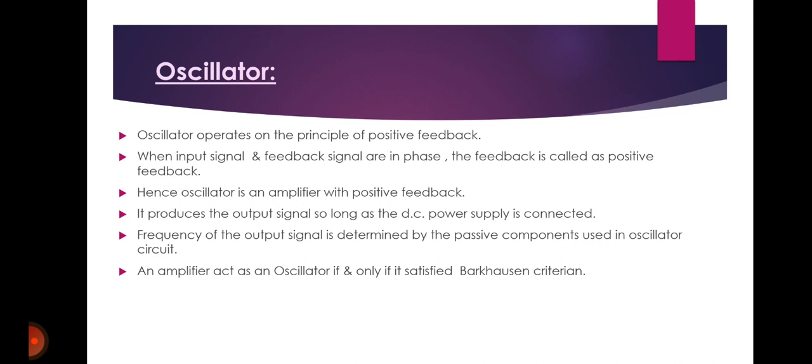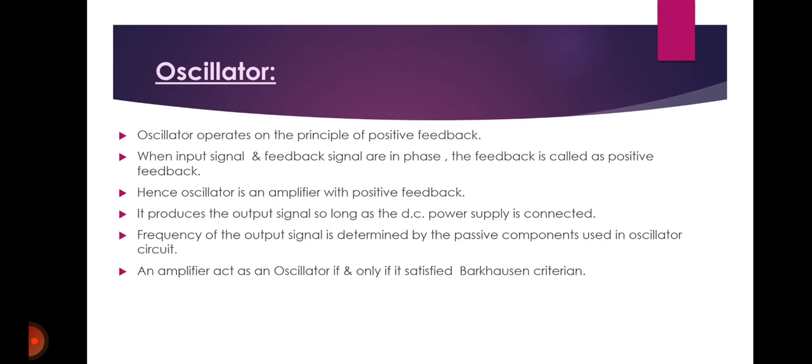The frequency of the output signal is determined by the passive components used in the oscillator circuit. So what is meant by passive components? Passive components means resistors, capacitors, inductors, like that.